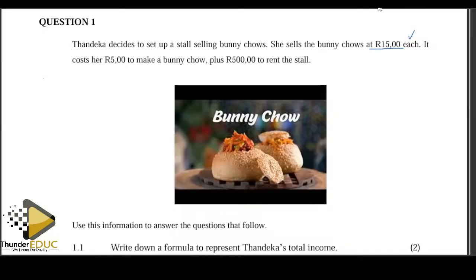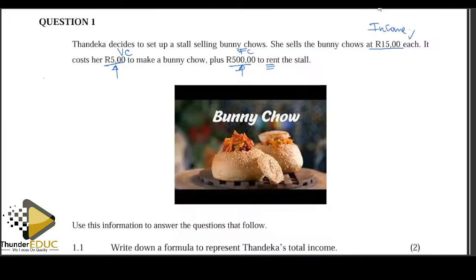Take note of that. It costs her 5 rand, and 500. The 500 is to rent the store. This means it's a fixed cost. This is a variable cost. Then this one is going to be the income.